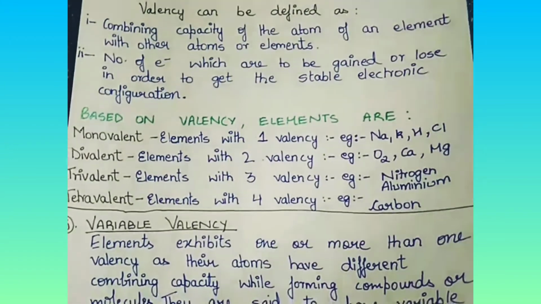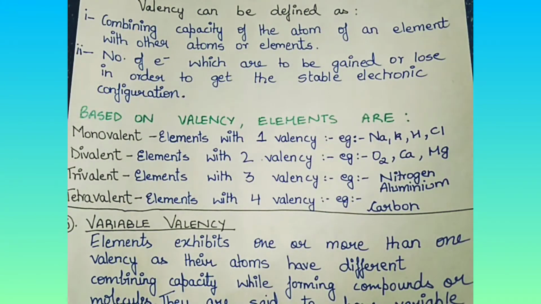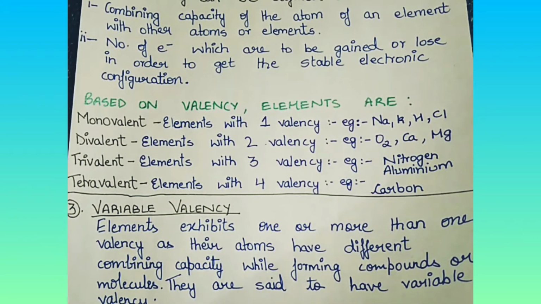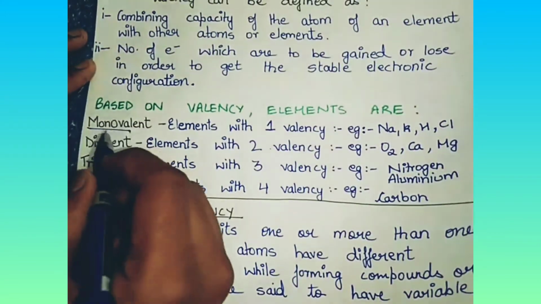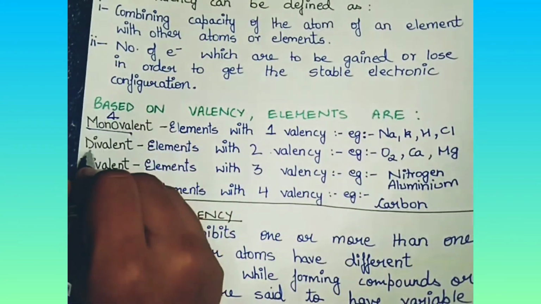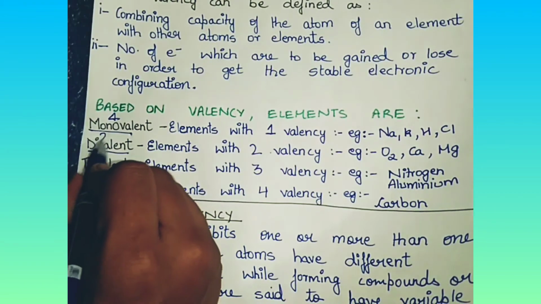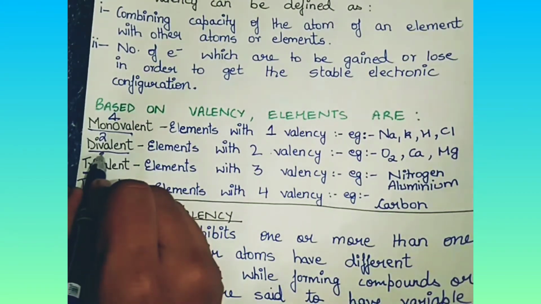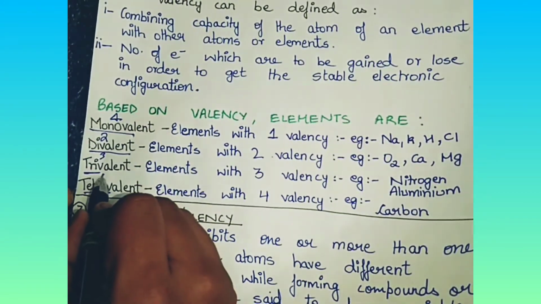Now based on valency, elements are monovalent, divalent, trivalent and tetravalent. Children, mono means 1, di means 2, tri means 3 and tetra means 4.